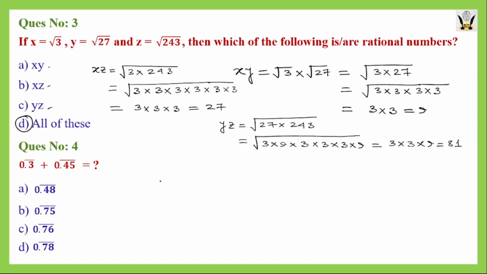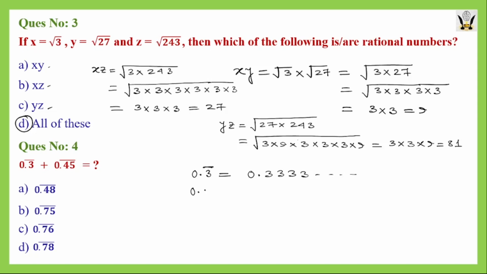Now the fourth question: 0.3 bar plus 0.45 bar, both recurring numbers. When we add them, what result or value will we get? So 0.3 bar means this 3 after the decimal point will be repeating. So it will be 0.333, and so on.